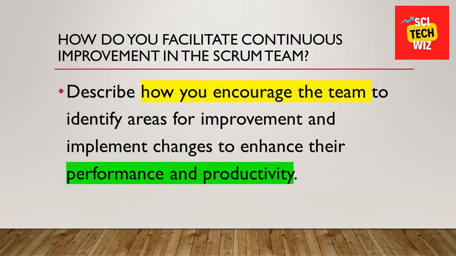How do you facilitate continuous improvement in the Scrum team? So guys, describe how you encourage the team to identify areas for improvement and implement changes to enhance their performance and productivity. Okay? Normally, continuous improvement is the heart of the agile process.